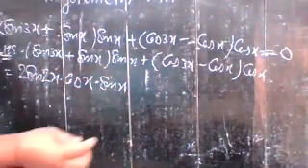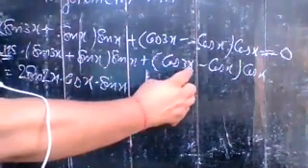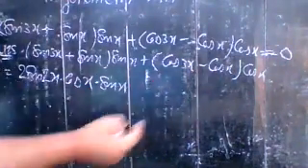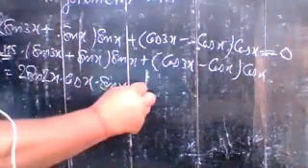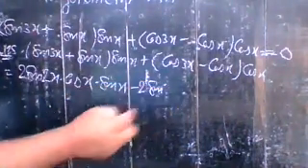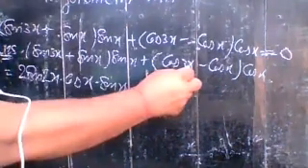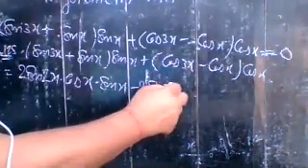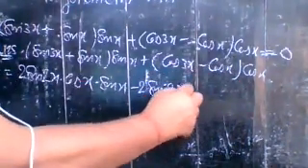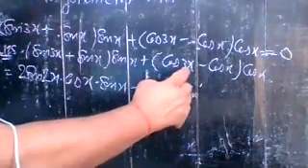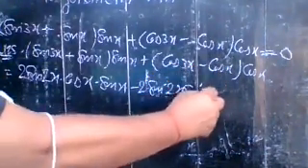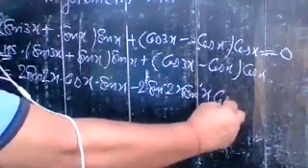In the same way, applying the identity for cos x minus cos y, that is minus 2 sin (x plus y) by 2. So 3x plus x, which is 4x by 2, that is 2x, into sin (x minus y) by 2, so x, and here you have cos x.